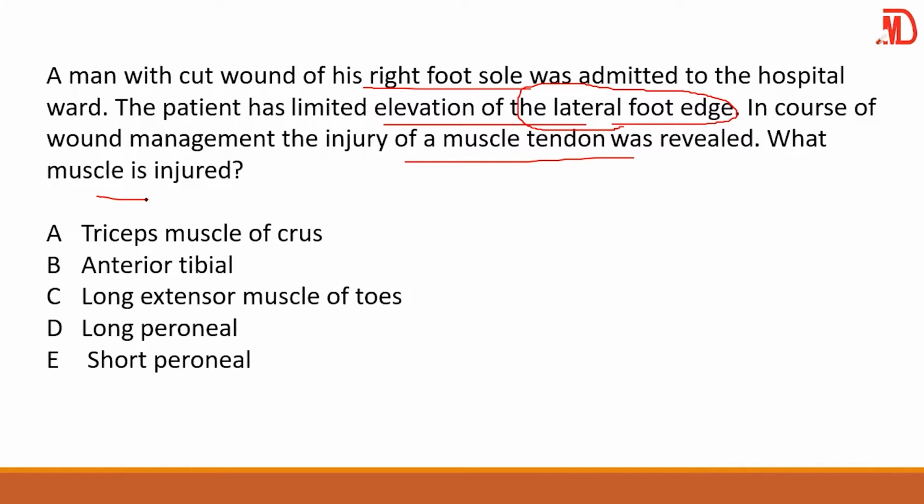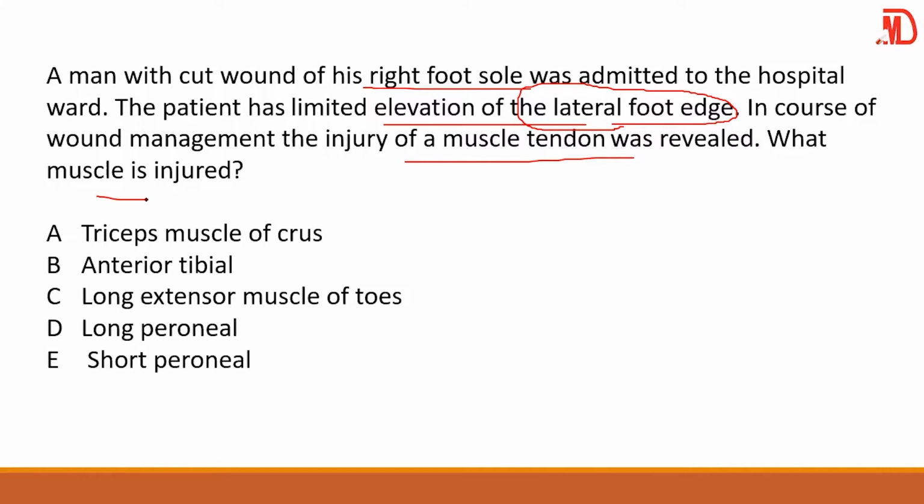So these are three in number: the longus, the brevis, and the tertius. Now, the longus and the brevis are both located in the lateral compartment of the leg.